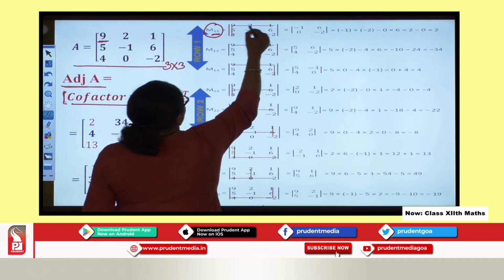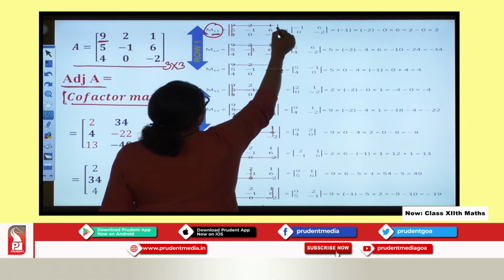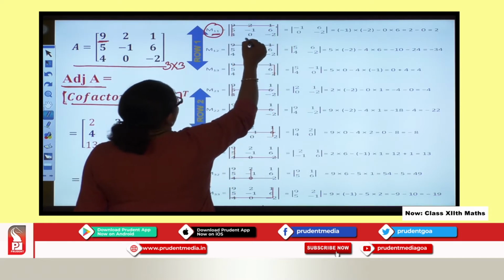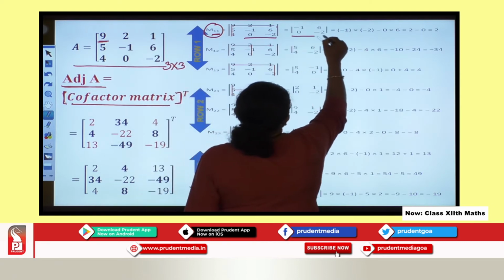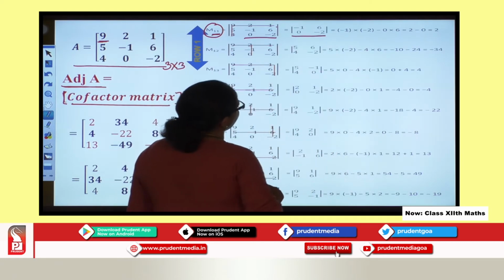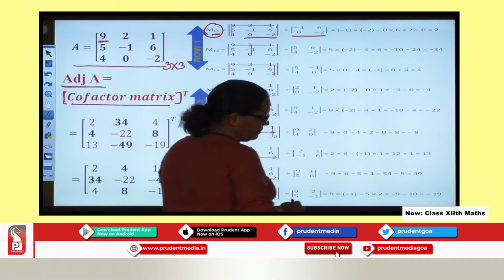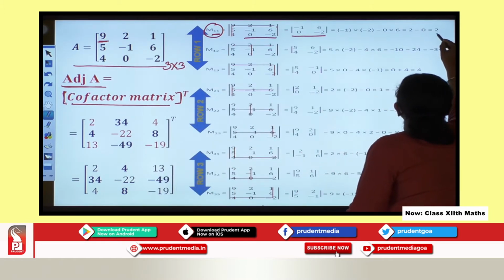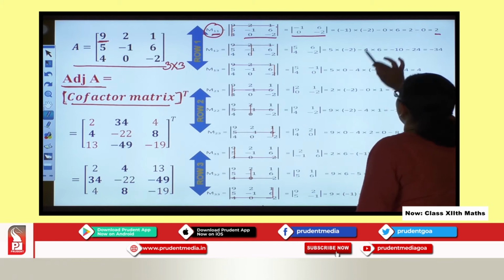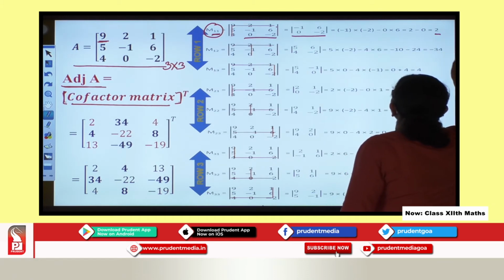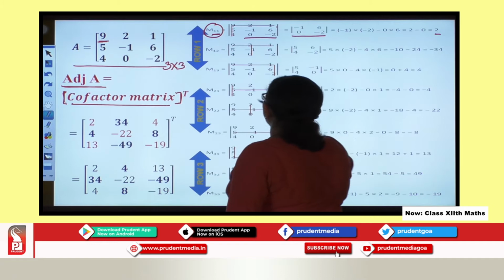What I do is delete my first row and first column, and of whatever elements I get, I will find the determinant. What determinant am I getting? I am getting determinant as 2. How? By expanding it further. So I don't have to discuss how I got this value. You know very well how you got this value.